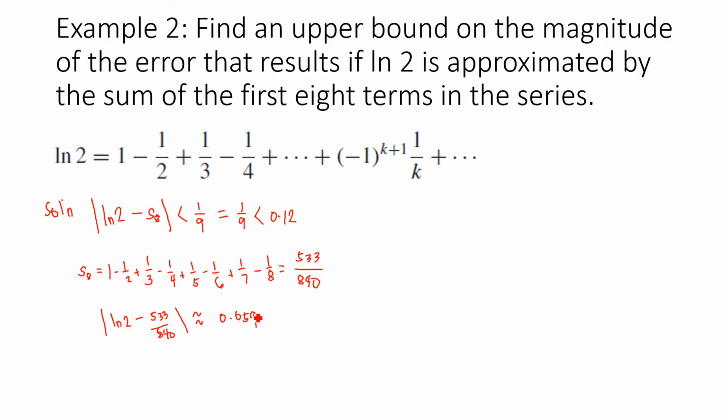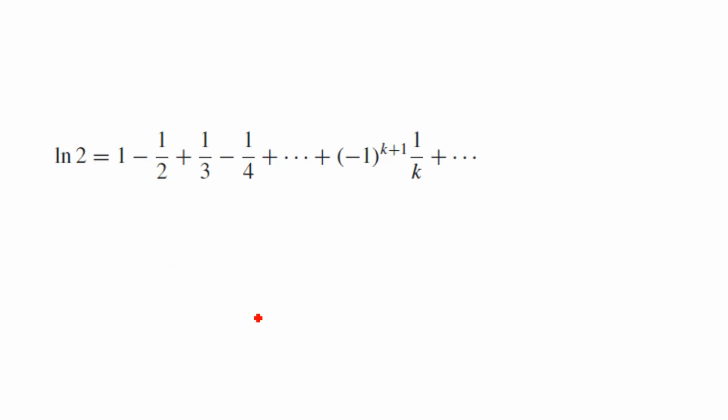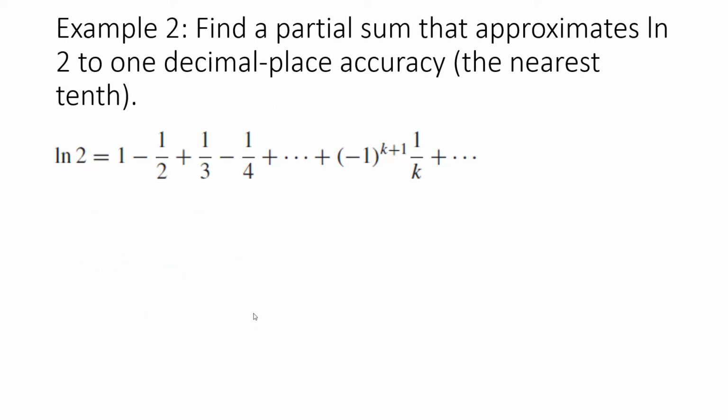So this shows that the error is well under the estimate provided by the upper bound. Okay, so let's have the next example rather.